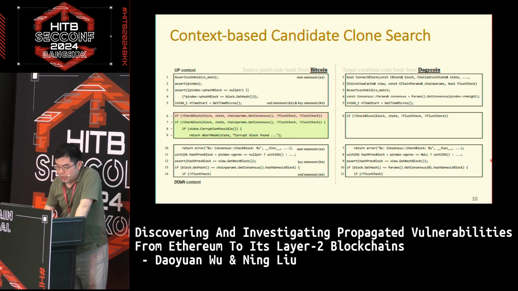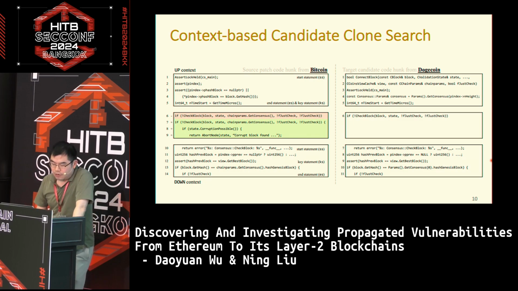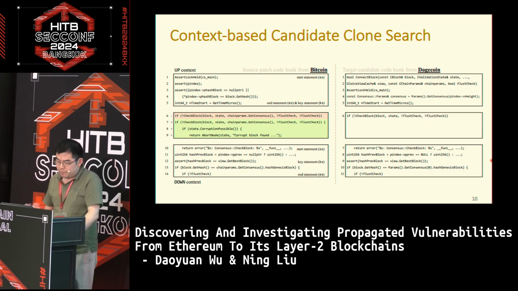Okay, so let me introduce the first major component of this BlockScope tool. Here you can see two pieces of code. One is the original patch code from Bitcoin. Here these are the deleted lines, and these are the added lines.